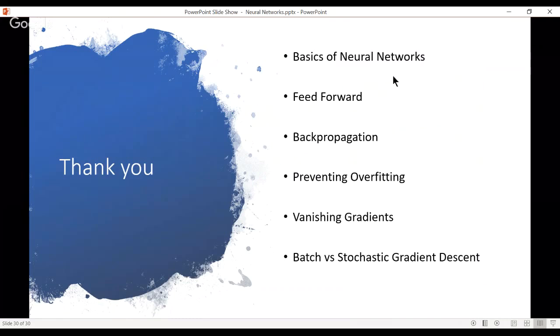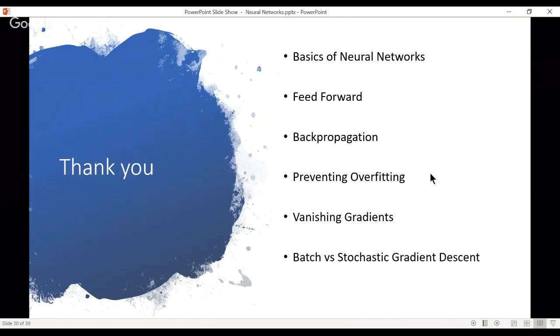Again, I will repeat: it's a function of a linear combination of functions of linear combinations of input data. Feed forward is used to predict a y hat. Backpropagation is used to compute gradients and update your weights.